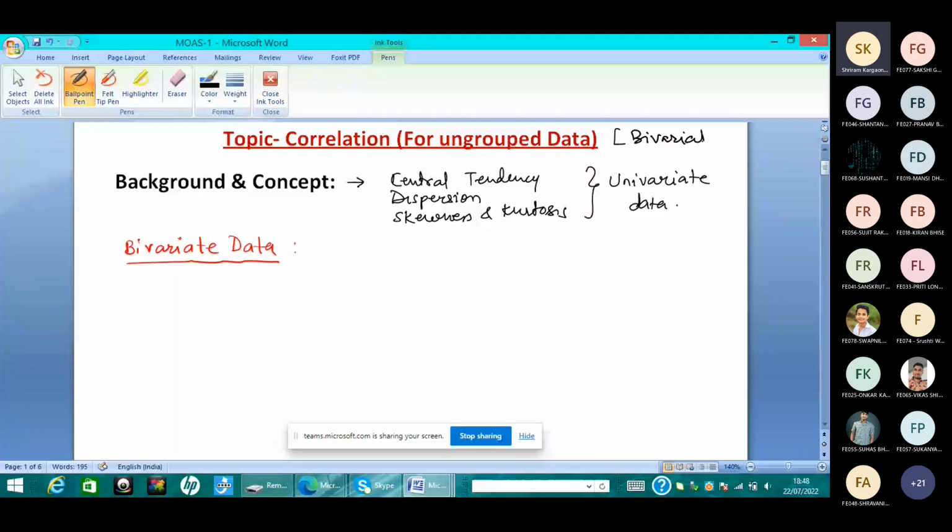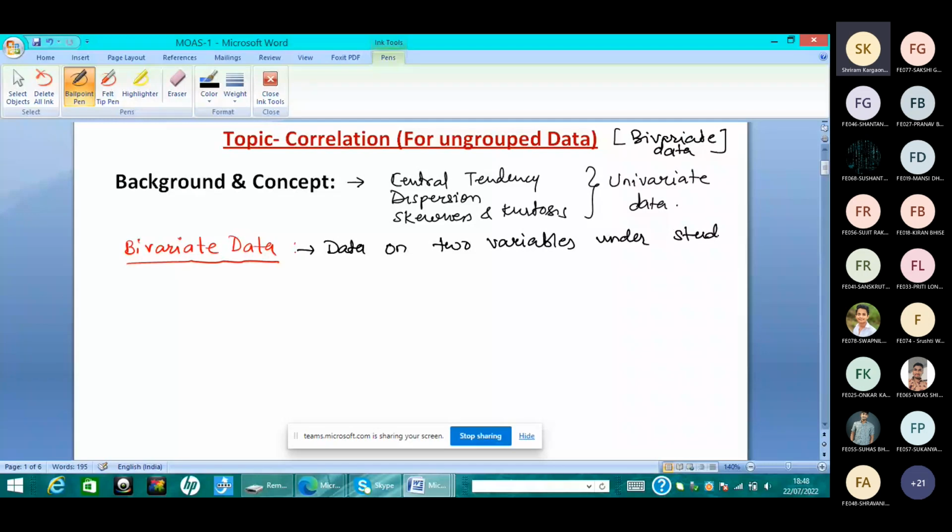Bivariate data means when you collect data on two variables under study, not any data.